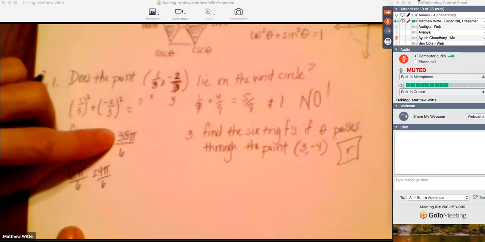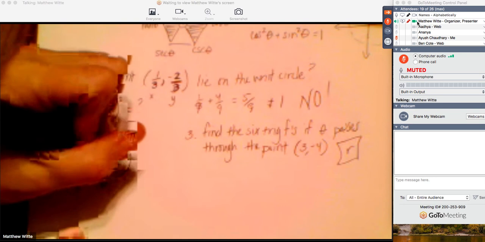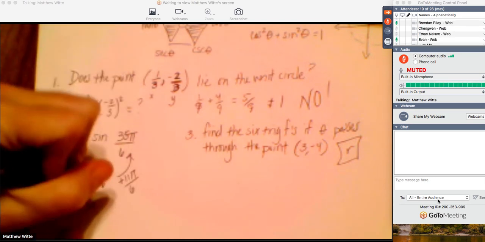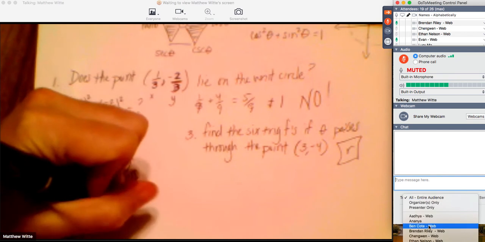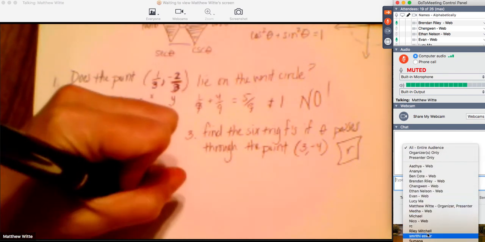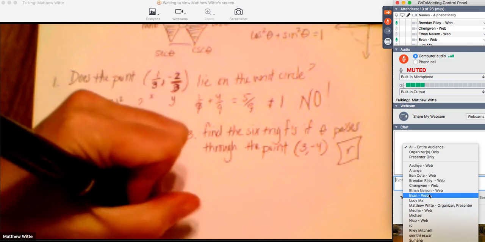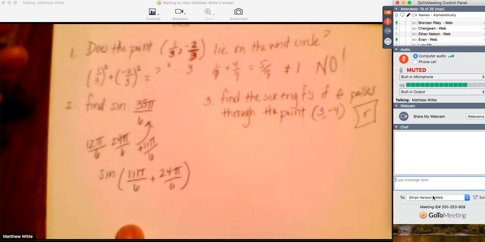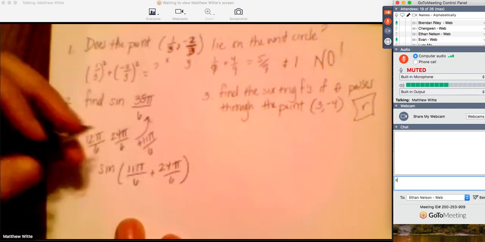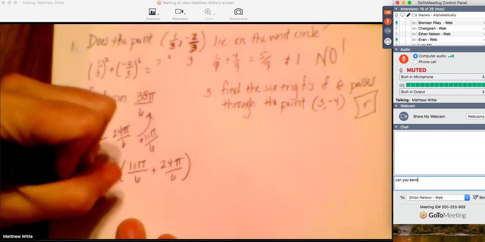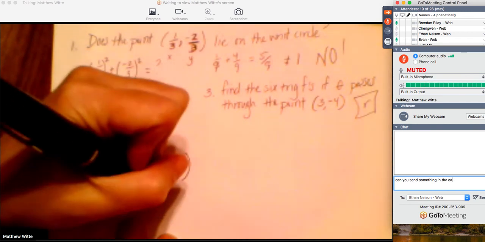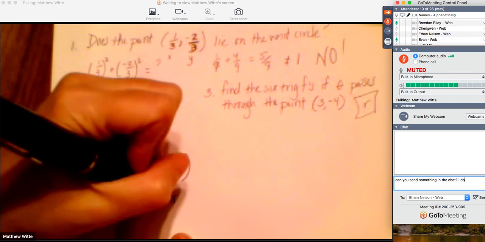And then to get to 35 pi over 6, I would have to add 11 pi over 6 more. So this angle is equivalent to saying sine of 11 pi over 6 plus 24 pi over 6. I could think of it like that because, again, 11 and 24 is hopefully 35. So I could think of it as sine of 11 pi over 6 plus 2 full periods.